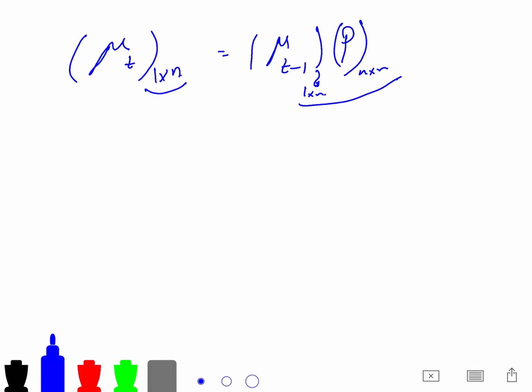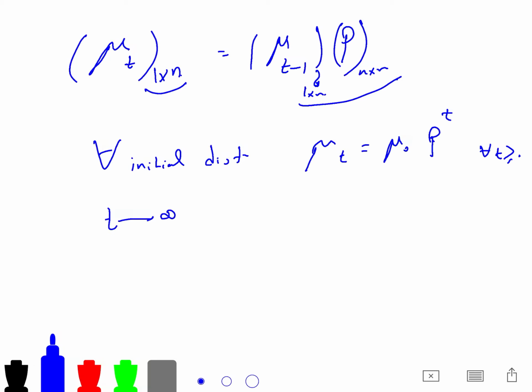And for any initial distribution, mu_t is equal to mu_0 P^t, for any t greater than or equal to 0. When t goes to infinity, it gets closer and closer to the stationary distribution, which we also call the limit distribution.